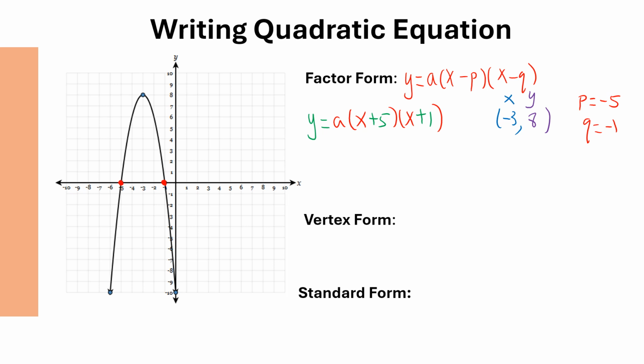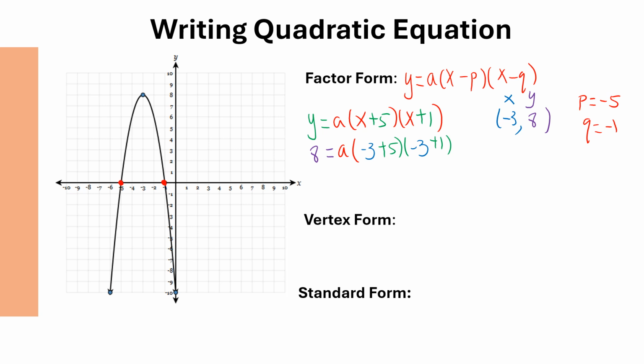So y equals, that's the same thing as 8 equals a times x is -3 plus 5 times x is -3 plus 1. Now we're going to simplify this equation.